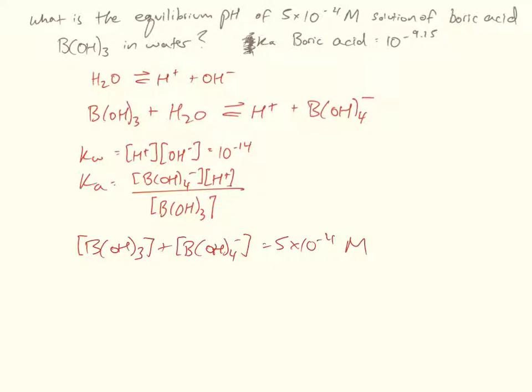And then we write our charge balance. In our 2 chemical reactions, we have H plus as our positively charged species, and we have OH minus and BOH4 minus as our negatively charged species. So we have H plus equals OH minus plus BOH4 minus.